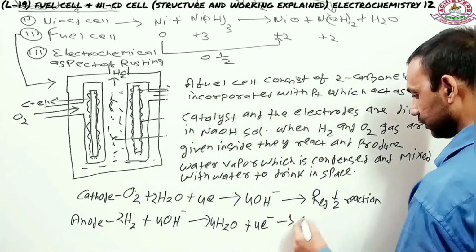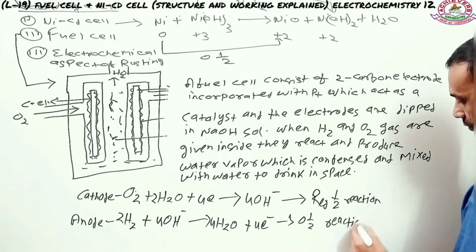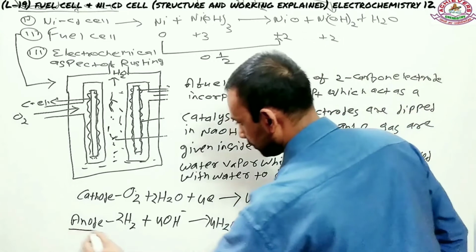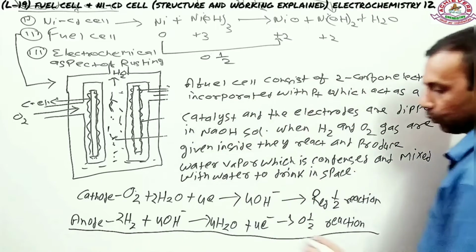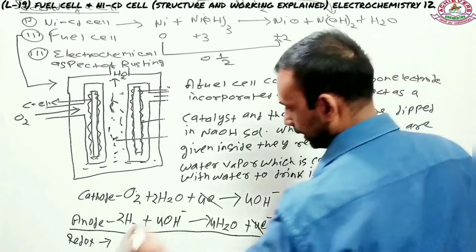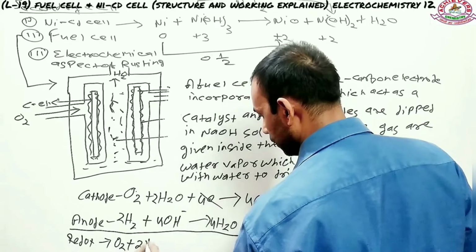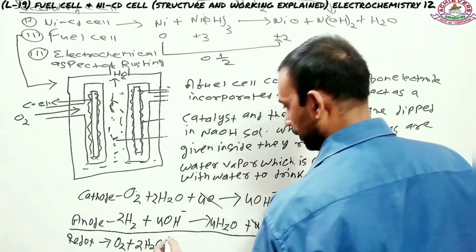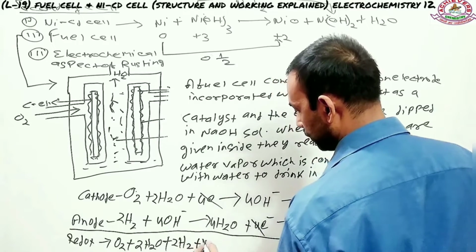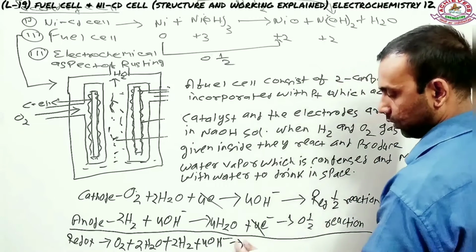So what can we write here? Oxidation half reaction. Now you can also add them. These electrons are going to be cancelled. So what remains is: O2 reacts with 2H2O plus 2H2 plus 4OH negative, and the products are 4 H2O.